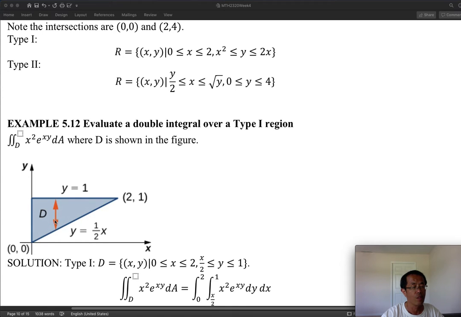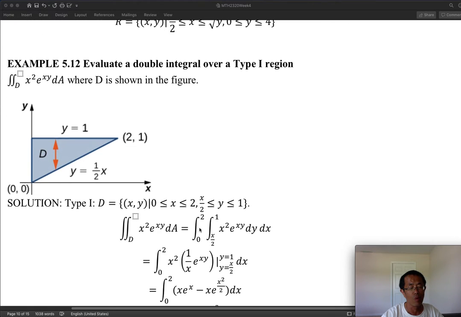So I'm looking at this triangle here as type 1. It will have to be bounded by two vertical lines, which means x running from 0 to 2. And then a single curve in the lower place, that's y equals 1/2 of x, and a single curve on the top, that's 1. This is in general the description of a type 1 region.